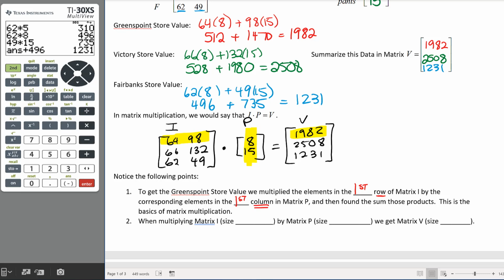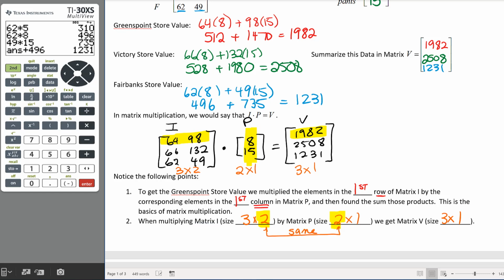Another thing before we really get into the definition of matrix multiplication, I just wanted you to notice that when multiplying matrix I, notice matrix I was a size 3 by 2 matrix, by P, now P was a 2 by 1, 2 rows, 1 column matrix. We get matrix V. Now matrix V was a 3 by 1 matrix. Now this may seem a little bit random, but it's not. It turns out that the number of columns of I and the number of rows of P need to be the same.